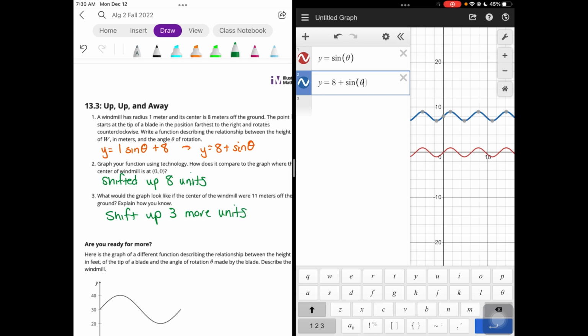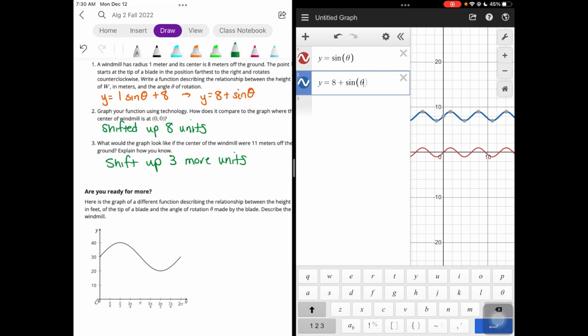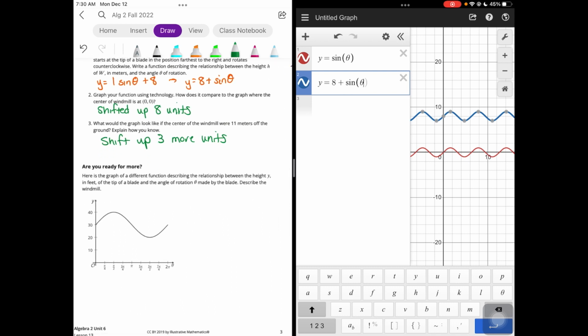Because we're not doing any stretching or anything like that. All right. Here's the graph of a different function describing the relationship between the height, y, in feet of the tip of the blade and the angle of rotation, theta, made by the blade. Describe the windmill.